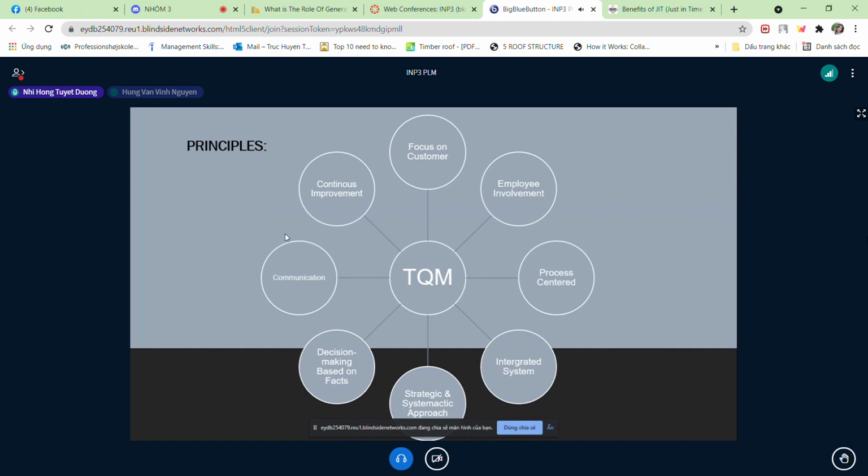Then there's integrated system. An organization should have an integrated system that allows for effective total quality management. There is also a strategic and systematic approach. Critical to quality management is the existence of a strategic plan. Then there's decision making based on facts. Communication is also important. And the last one is continuous improvement.